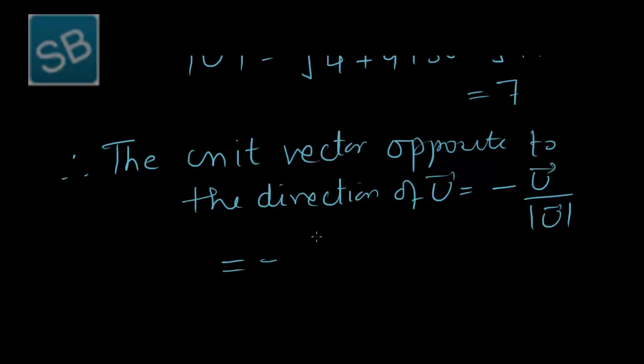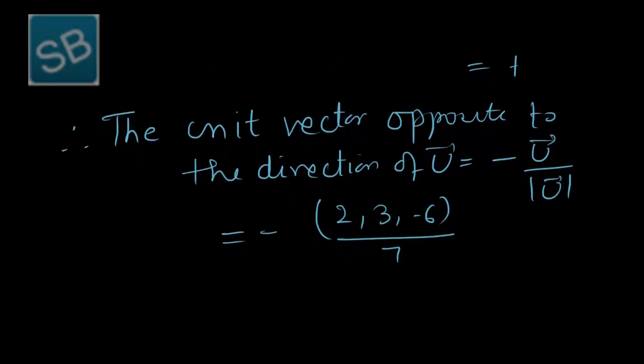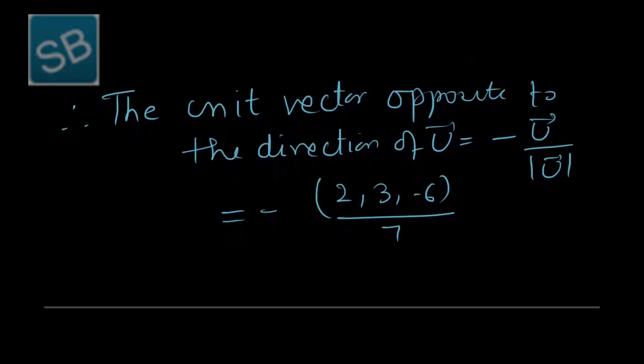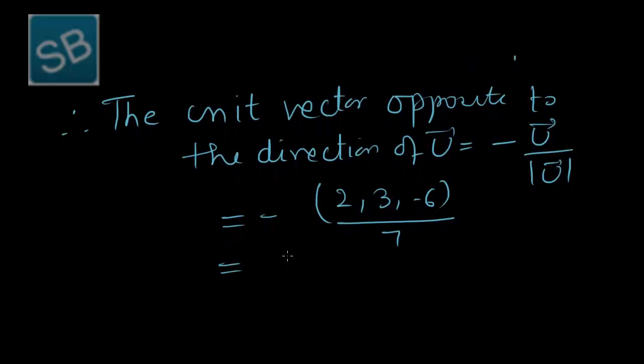So it becomes minus of 2, 3, minus 6 over 7. So the required vector is minus 2 over 7, minus 3 over 7, plus 6 over 7. So this was all about the unit vector in the direction and opposite direction to the given vector.